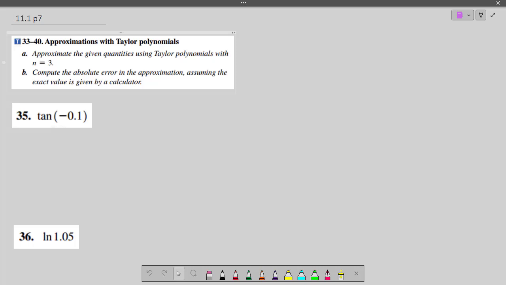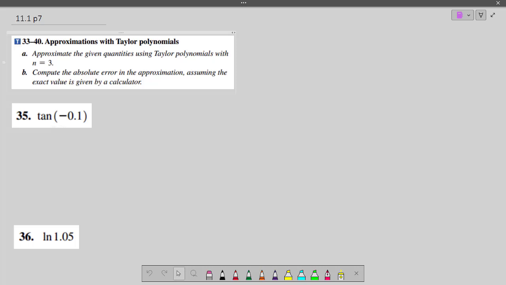Okay, so the key to building a power series is that we start with the Taylor polynomial, and then all we do is hit dot, dot, dot at the end. So a Taylor polynomial becomes a power series if we just keep doing those derivatives forever. So at this stage, we're still just doing the polynomials.